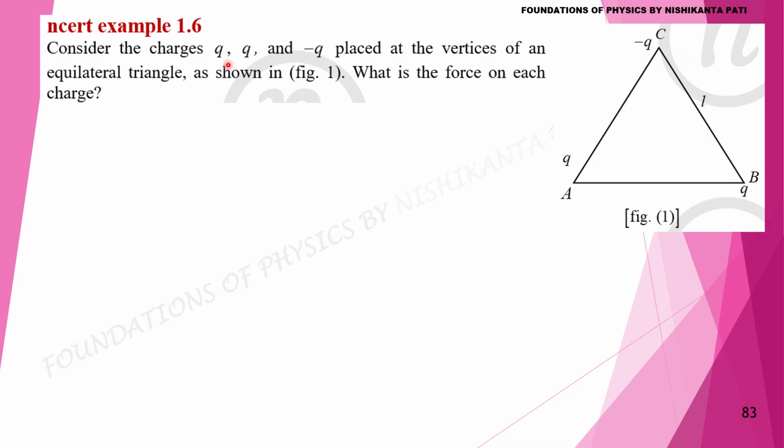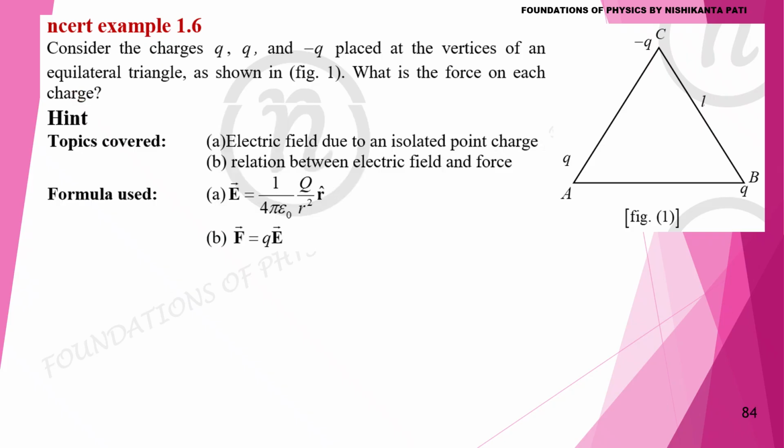Consider the charges Q, Q, minus Q, minus Q, Q, Q. What is the force on each charge? Again, the problem is based on electric field due to a point charge and the relation between electric field and force on a test charge.